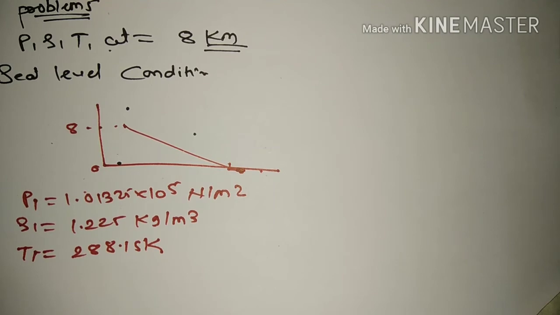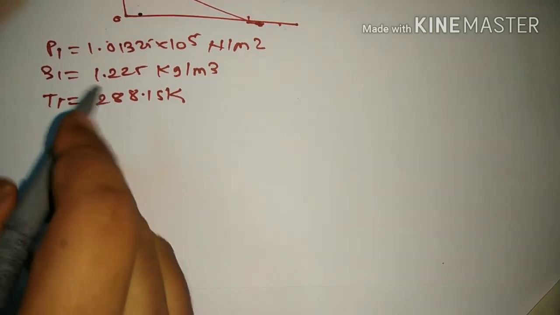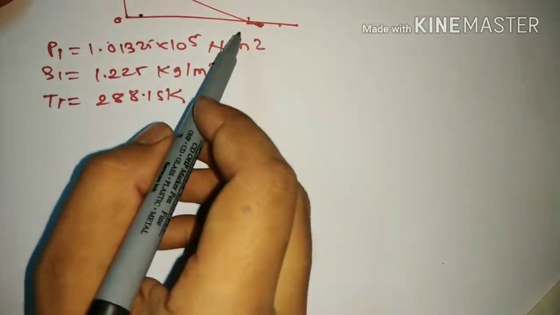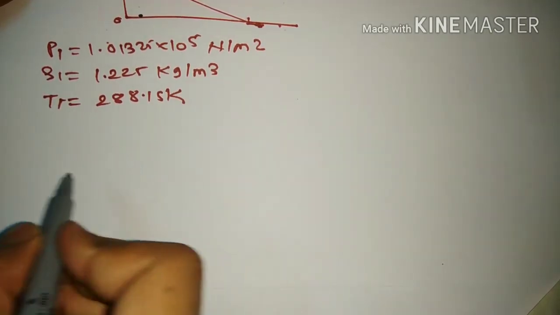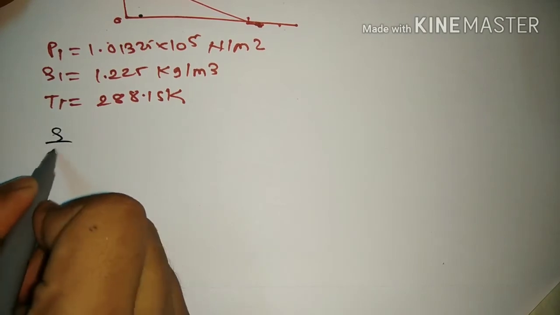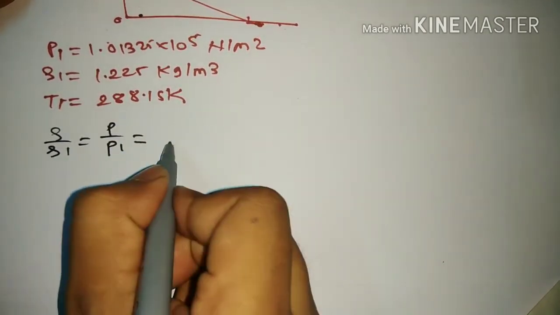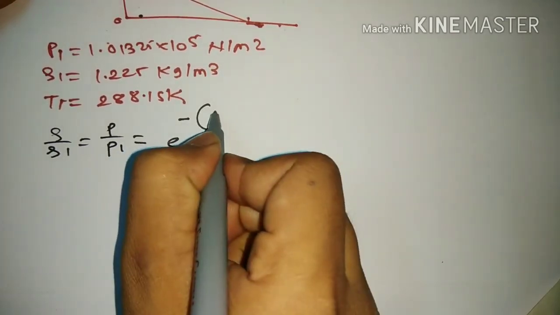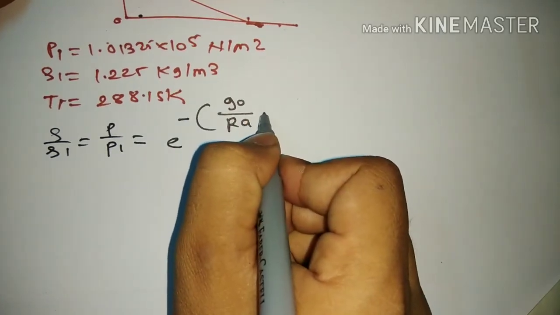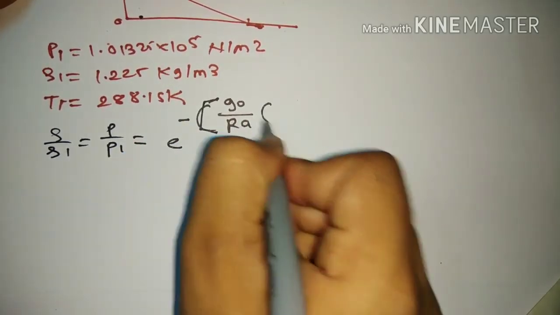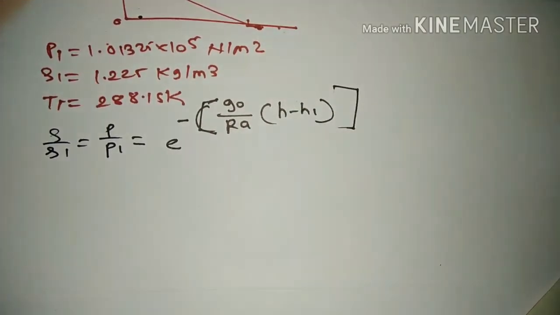The formula for the troposphere, where temperature is not constant, is rho by rho 1 is equal to P by P1 is equal to E raised to minus G0 by RA, into H minus H1, complete.